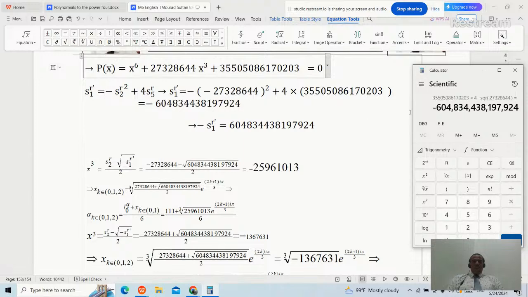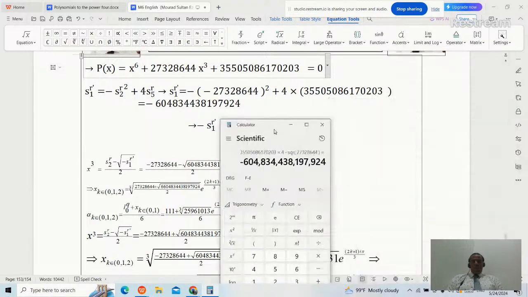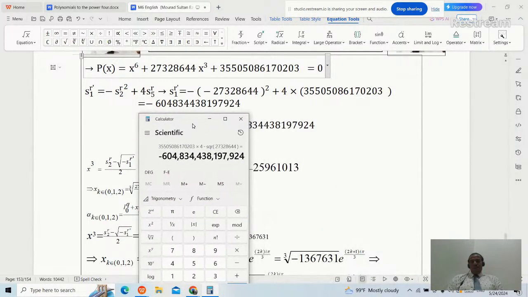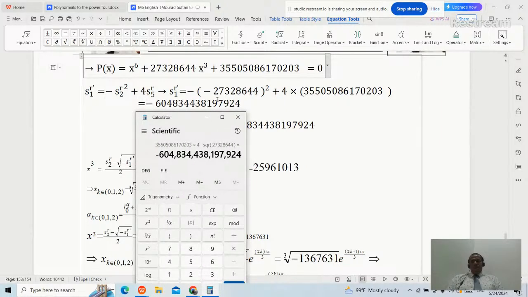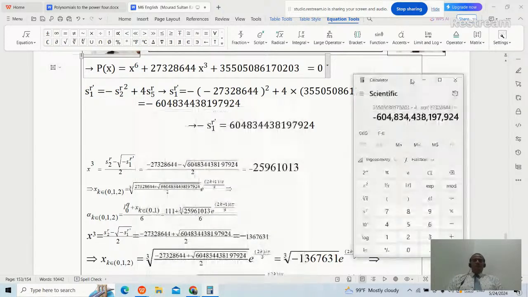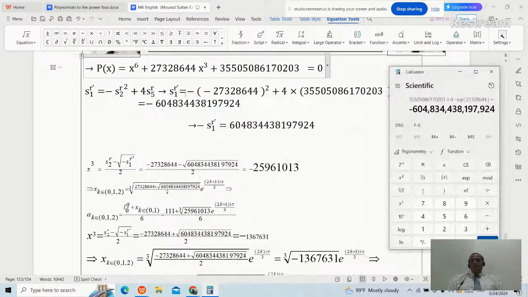You can read both at the same time like that, we make parallelism. It will be 60, 48, then 34, then 43, then 8, then 19, then 79, 24. I obtain the value of the discriminant. Therefore, you can see the negative sign. It's a negative number.